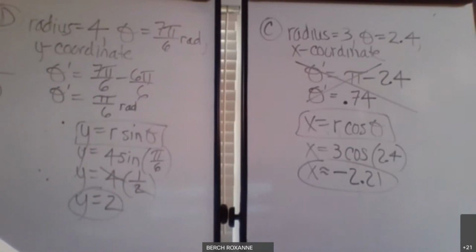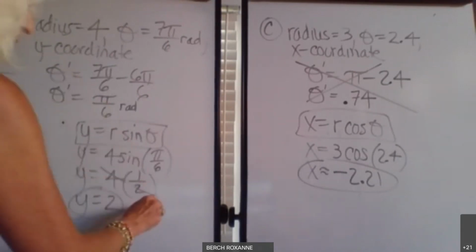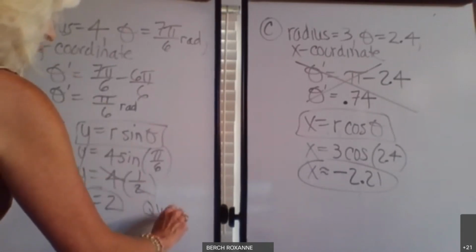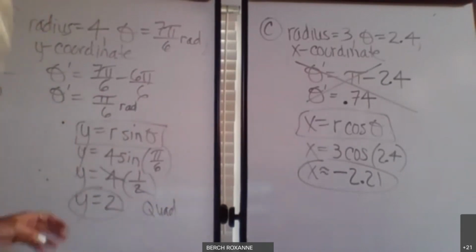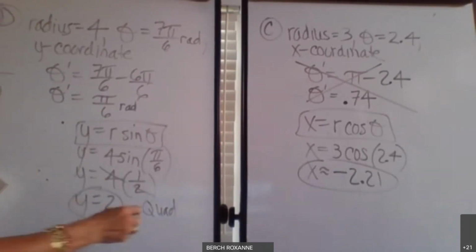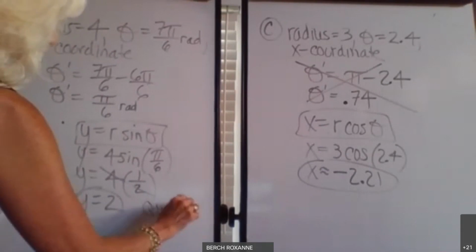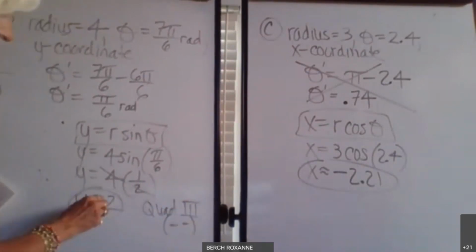All right, now hold on just a second. We evaluated the reference angle. So if we evaluated the reference angle, don't we need to know what quadrant the actual angle's in? So if the actual angle's over here at negative, quadrant 3, shouldn't this answer be negative?